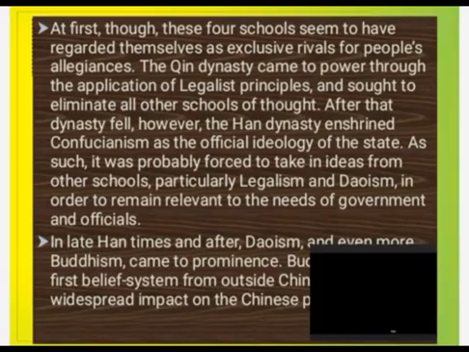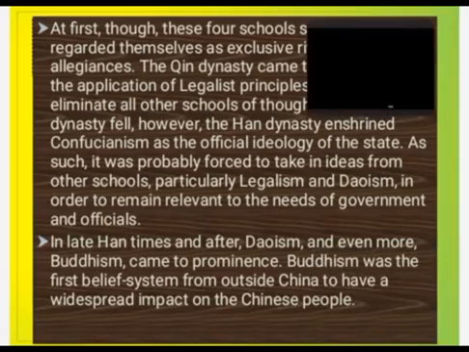As such, it was probably forced to take in ideas from other schools, particularly Legalism and Taoism, in order to remain relevant to the needs of government and officials. In late Han times and after, Taoism and even more Buddhism came to prominence. Buddhism was the first belief system from outside China to have a widespread impact on the Chinese people.